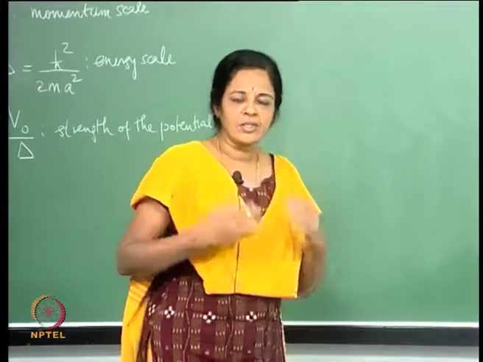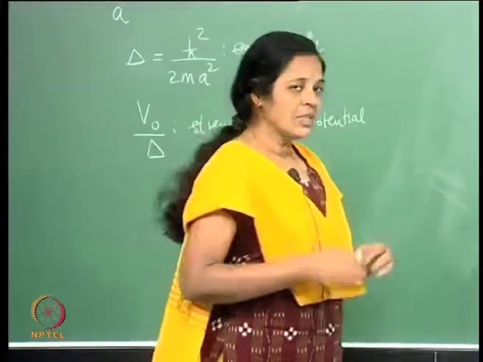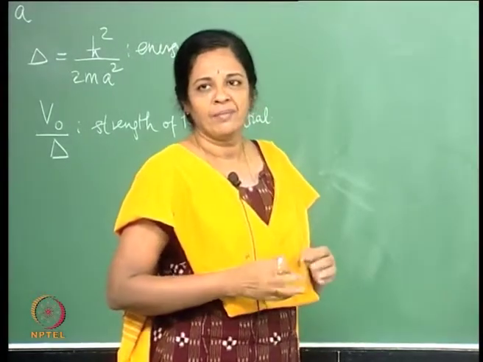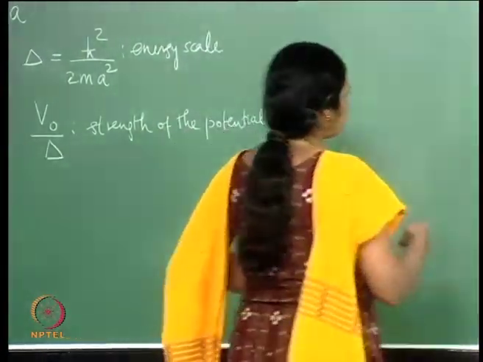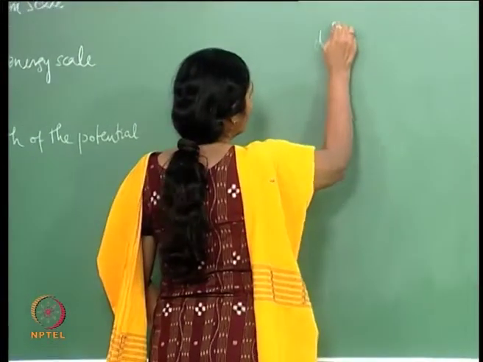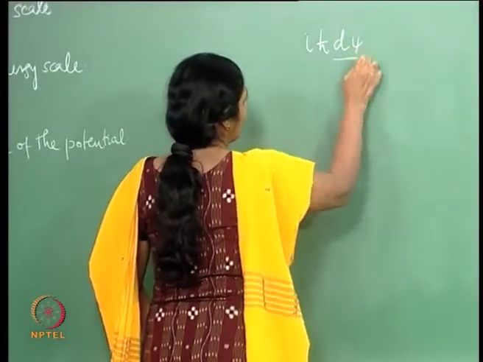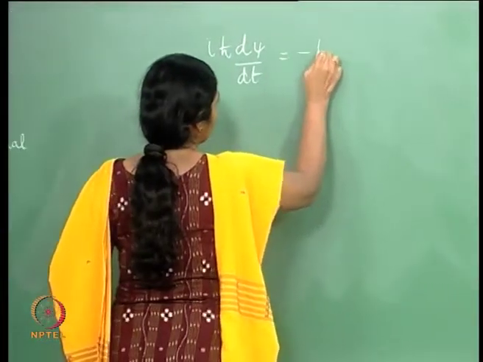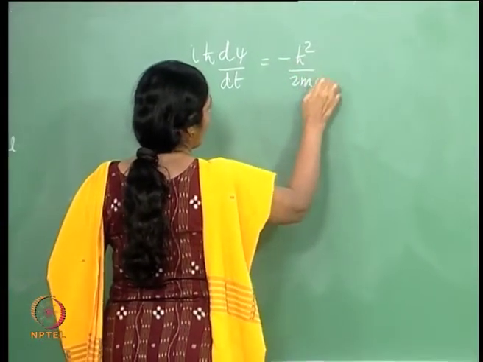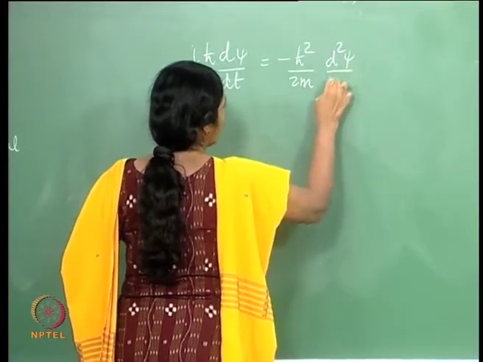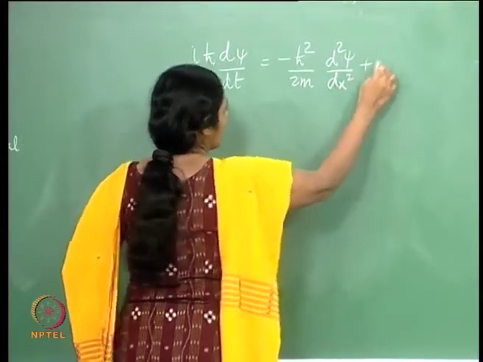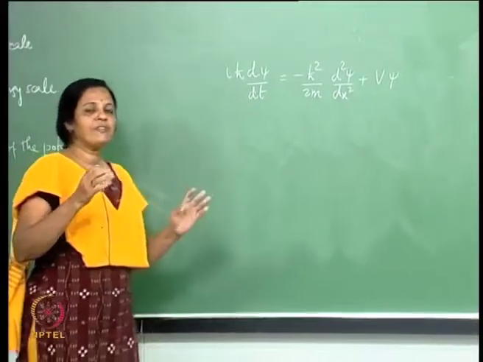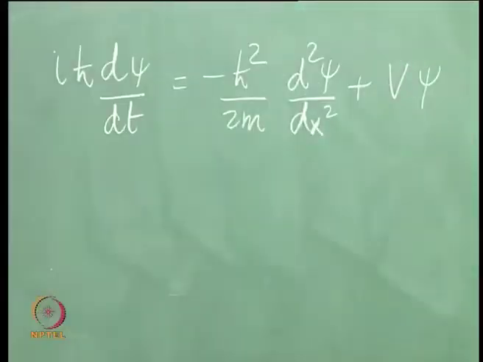So, a small digression as to how we get these boundary conditions at the boundaries, that is, in this problem at x equal to plus a and x equal to minus a. Look at the Schrodinger equation. i h cross d psi by dt is minus h cross squared by 2m d2 psi by dx squared plus V psi. The wave function is continuous. That is our requirement.